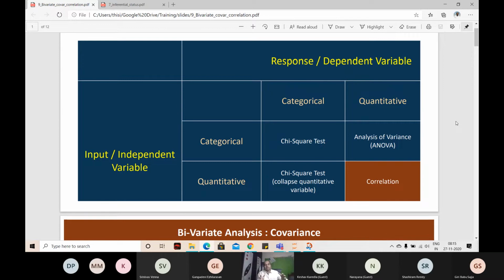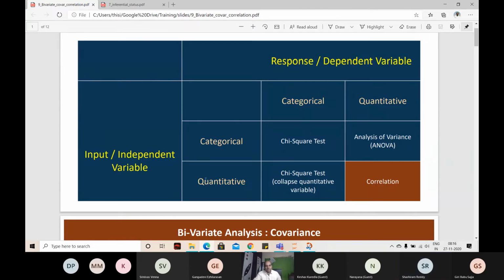So you can make it into 4 or 5 groups: infant group, teenage group, young group, middle age, and old. You took the numerical column and converted it into categorical, 5 categories. That is called collapsing.